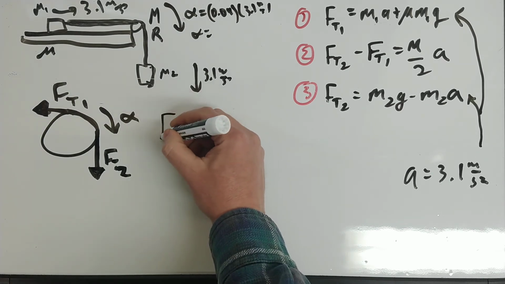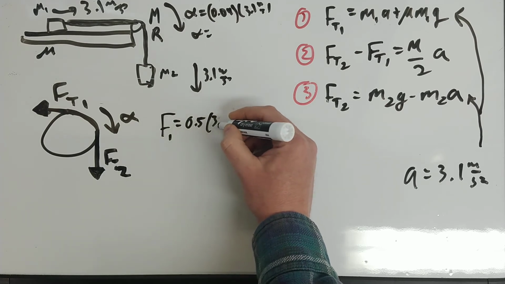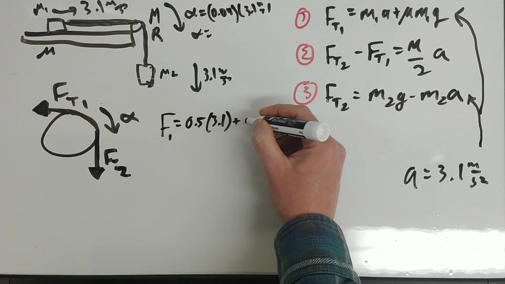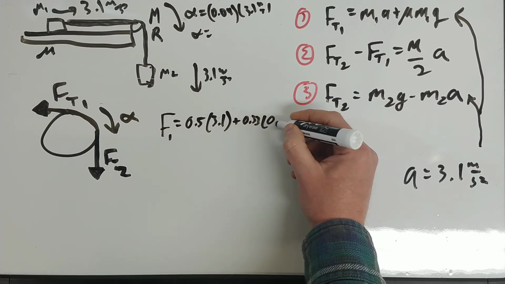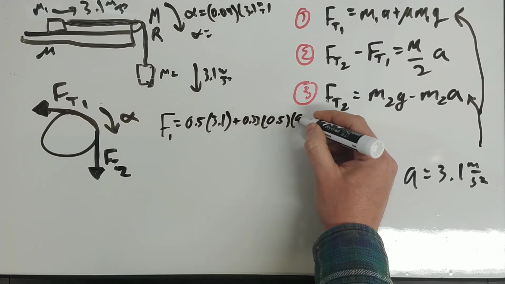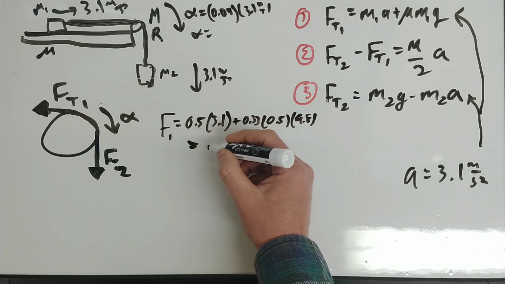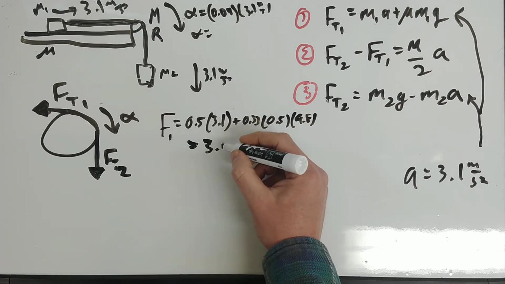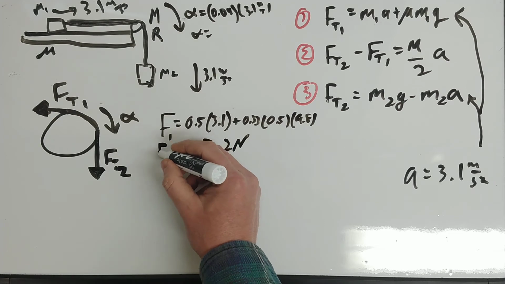So in equation 1, FT1 must equal 0.5 times 3.1 plus 0.33 times 0.5 times 9.8. You get about, what do we get there? 3.2 newtons or so.